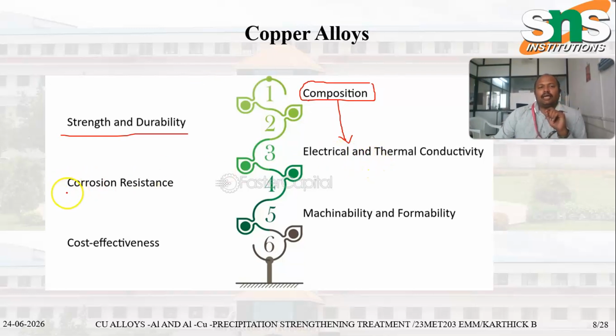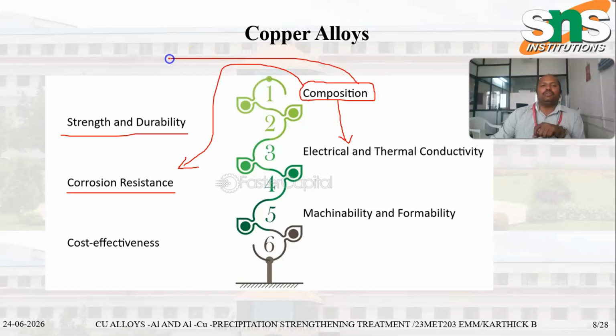As I said, copper naturally has corrosion resistance, so it is used in many industries. The addition of alloys in turn increases strength and durability, so it is used in most applications by replacing ferrous materials.